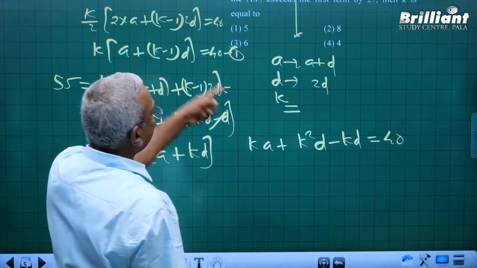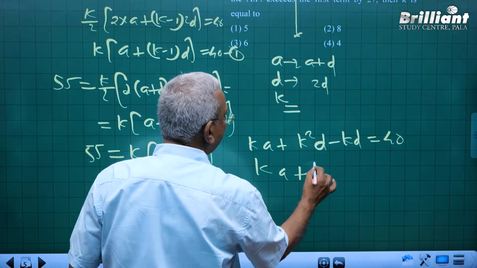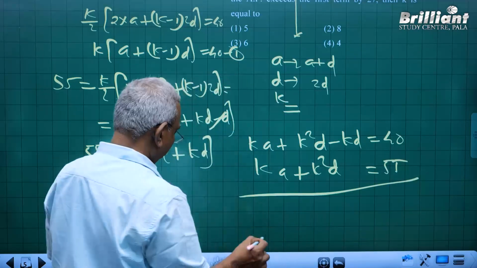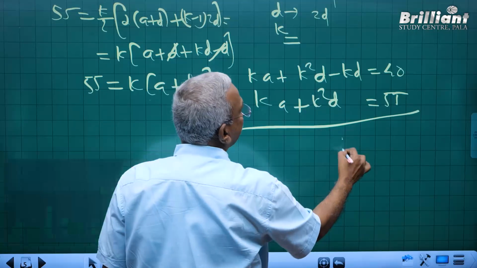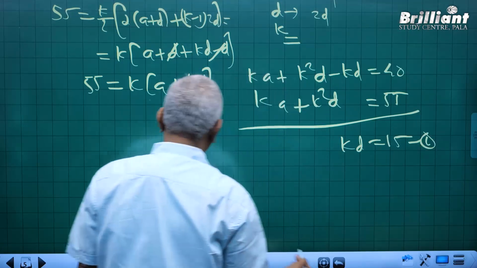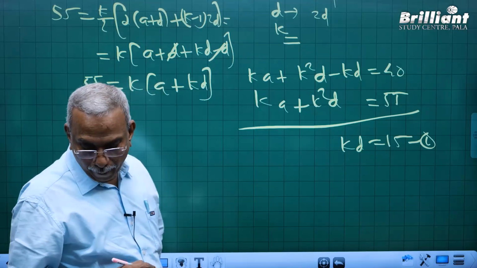I am just expanding these two terms here, and next is ka plus k square d is equal to 55. When you subtract these two, ka is cancelled. So, kd is equal to what? 15. It's one equation.